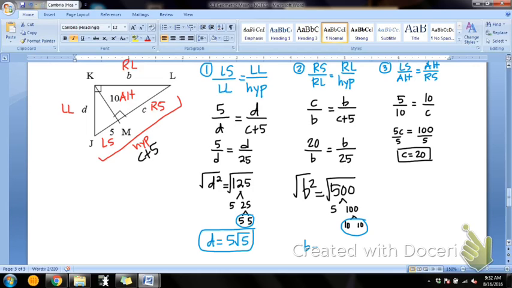So I get B to be 10 radical 5. Is that what you guys have? Excellent. All right, so we have C is 20, B is 10 radical 5, and D is 5 radical 5.